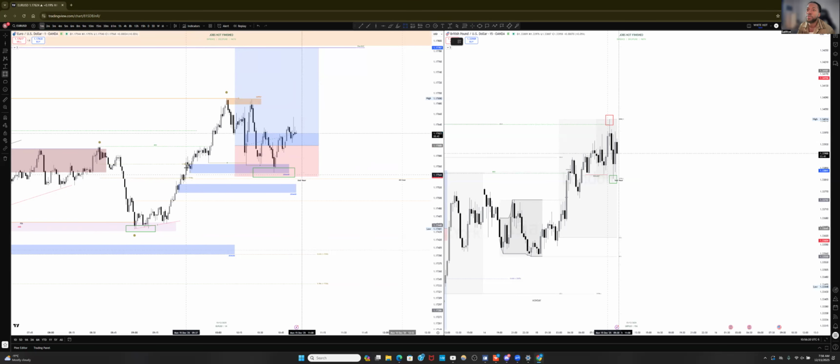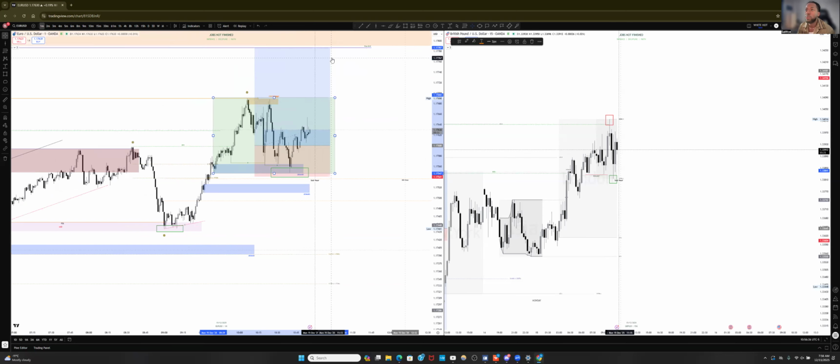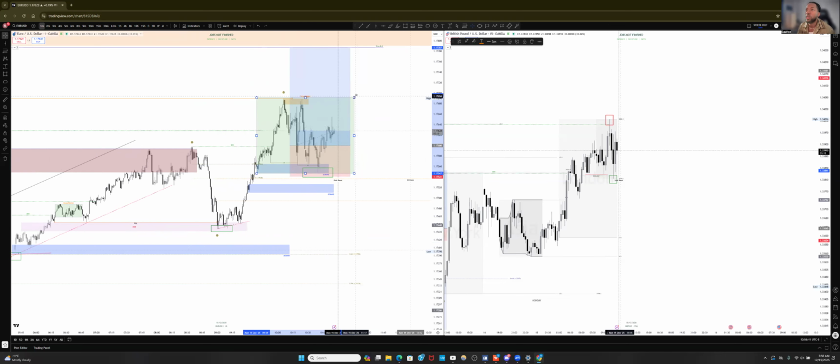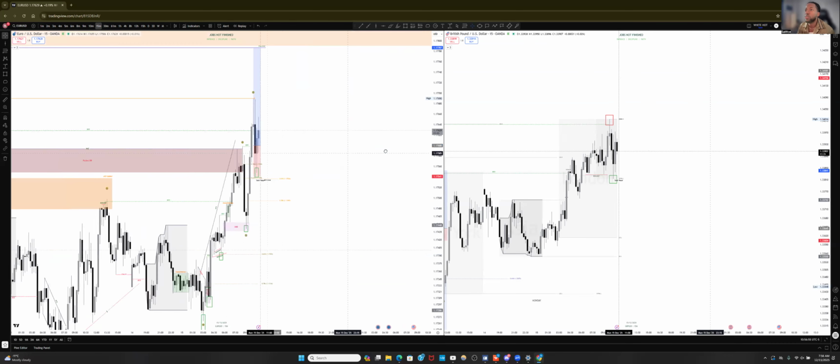I could say right here, from this low to this high, this is where we've just been consolidating within this box. So price could easily say, let me pick a side: either take the high, then come take the low, or take the low, mitigate this demand to then take the high. All of that is probabilities that could play out. So I don't quite like this price action too much. I don't like when price is just lingering around my entry zone. In most cases, it's because the zone may not hold.